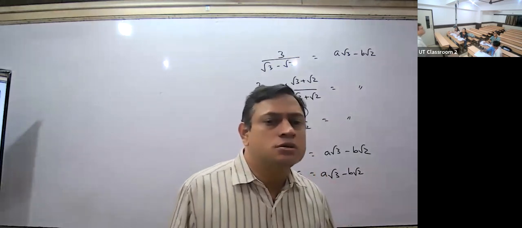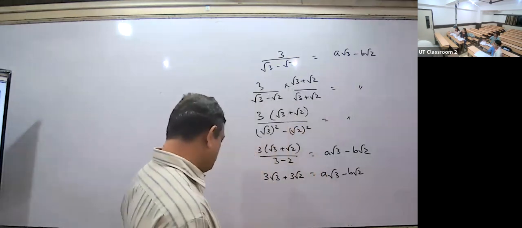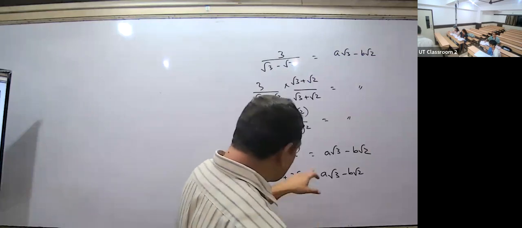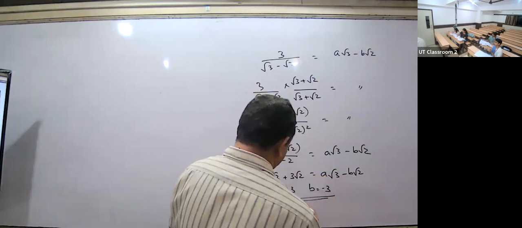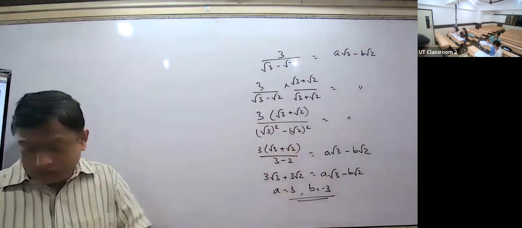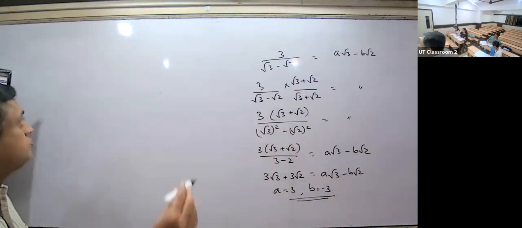So B's value is minus 3. Yes or no? Yes, sir. Look here. 3 is the value of A, so A is equal to 3. 3 is the value of minus B, so B is equal to minus 3. Hope you got it now. Opposite sign means opposite sign. That's all. What is the next question?